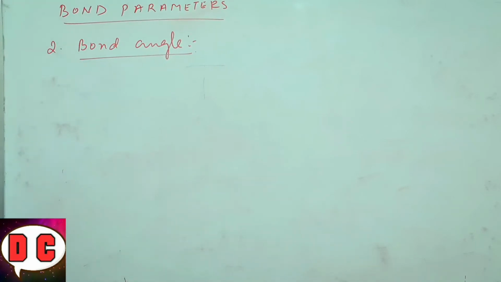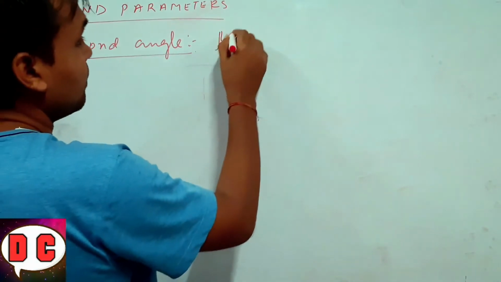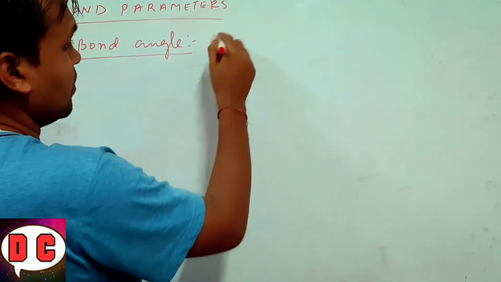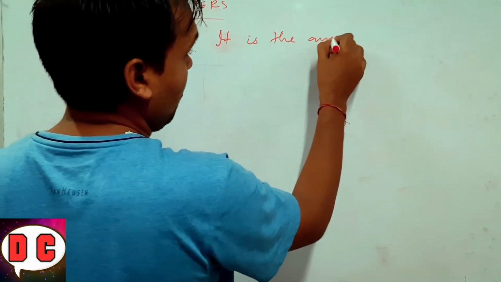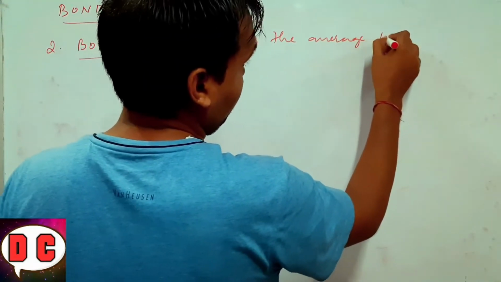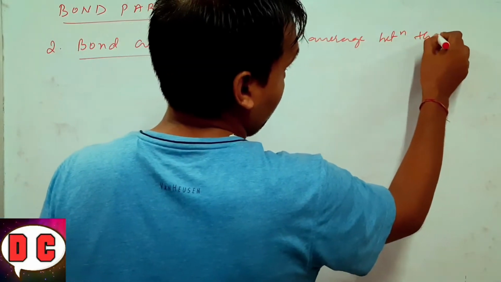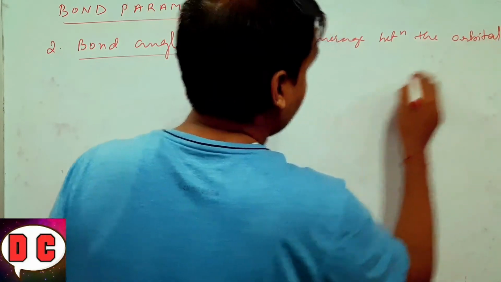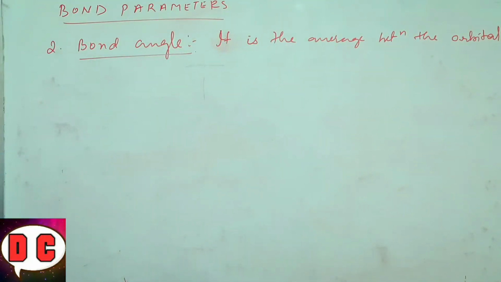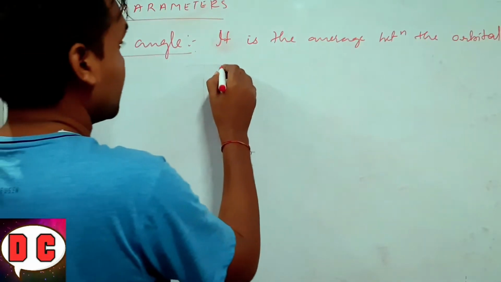Bond angle is the average angle between the orbitals containing the bonded electrons.